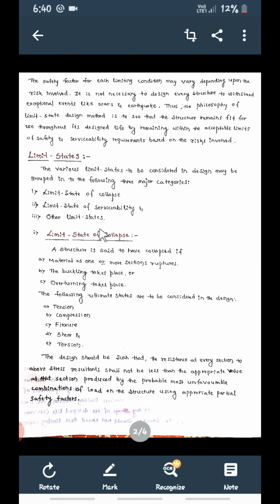Then we can say that it will be safe to resist all the loads coming onto the structure during its lifespan. So it is important to remember these three different limit states.